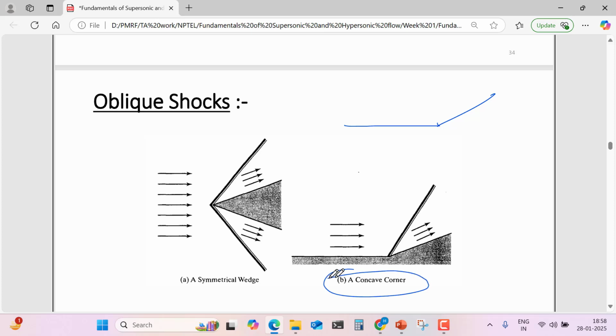It is a concave corner, or it can be due to the symmetric base also. When the flow has to turn towards itself, here you can see this flow is turning towards itself only, then generally oblique shocks are formed.